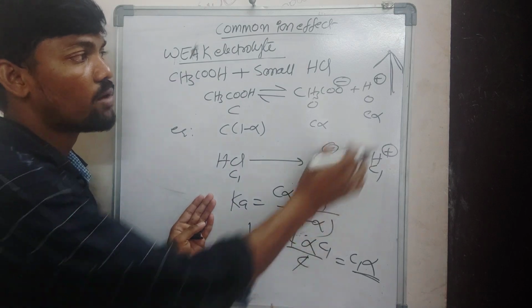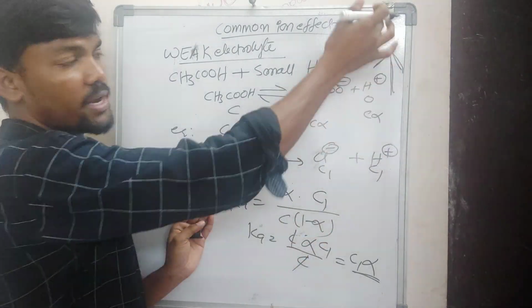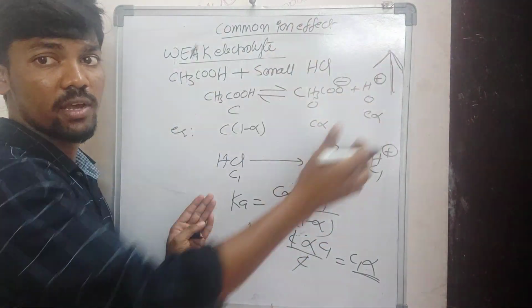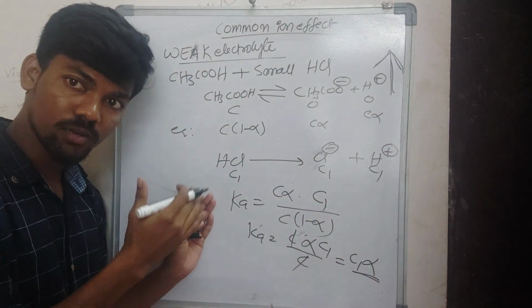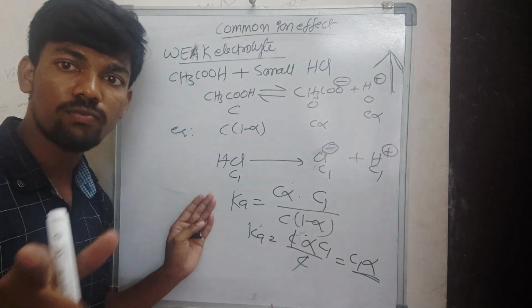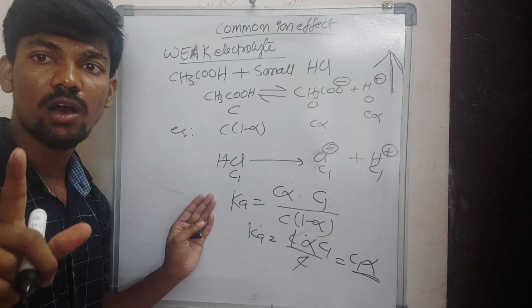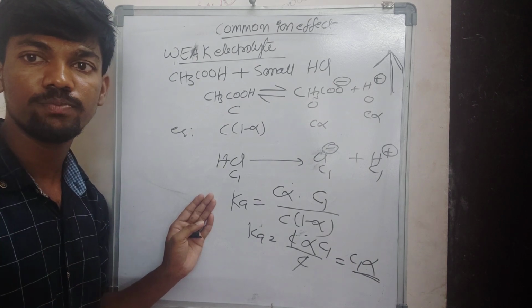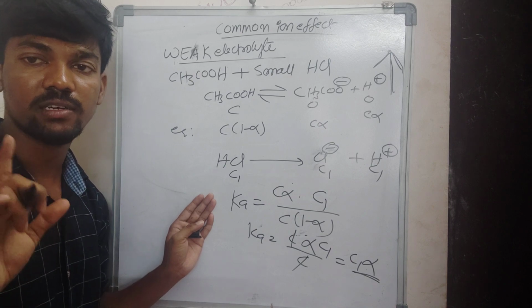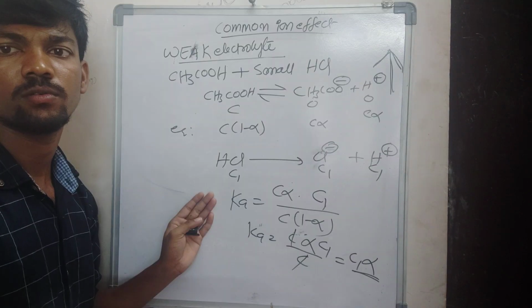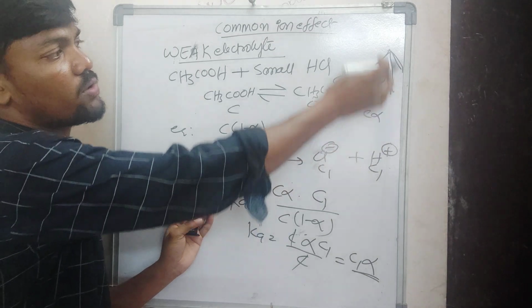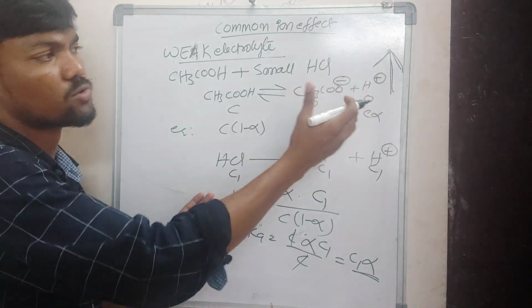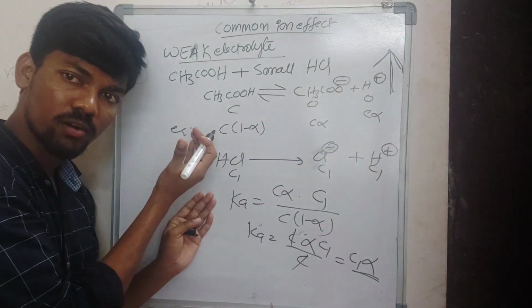Okay. So this side is increasing. Increasing means it will undergo the backward reaction. For the backward reaction, does alpha increase or decrease? Here this value increases, the product concentration increases, so the reaction comes backward.